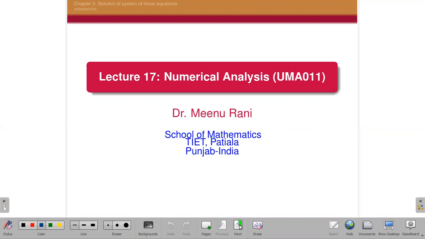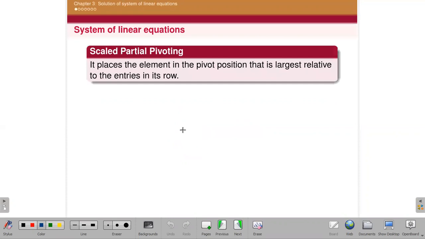First we will discuss the procedure, meaning what scaled partial pivoting is. Our aim is to make the pivot element the largest element. In partial pivoting, we made the pivot element the largest element according to the column.